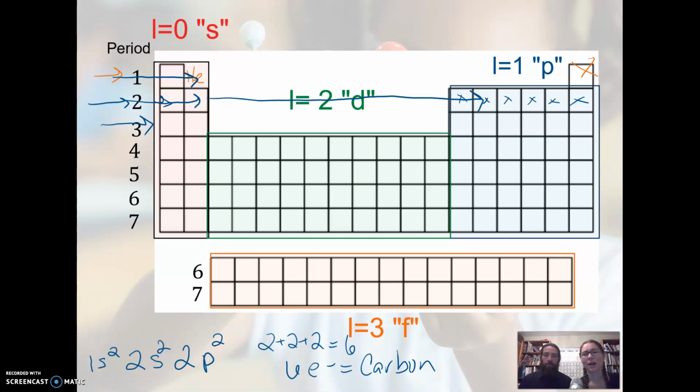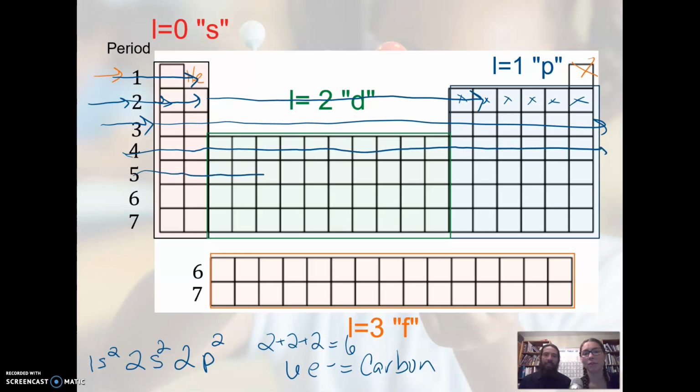So we can continue on and read this. As long as you know where your blocks are, you can read left to right and just keep going. Now it gets 4s, 3d, remember, that's 3d, 4p, 5s, 4d, 5p. Now be careful right here. These, remember, are right here. So after 6s, it goes to 4f.